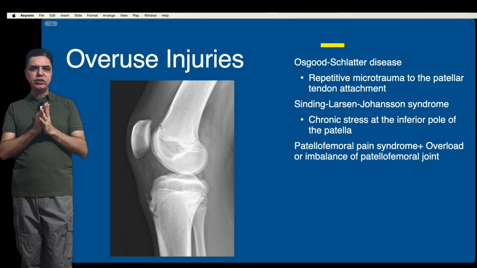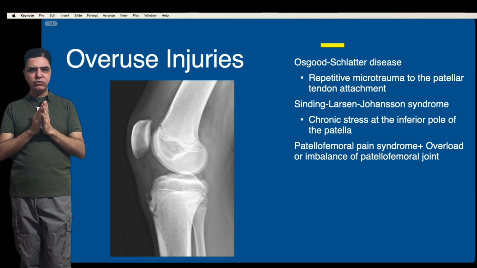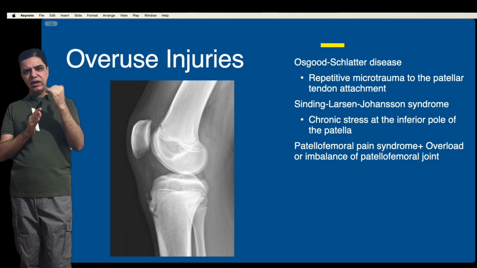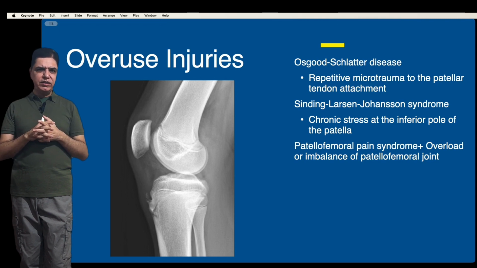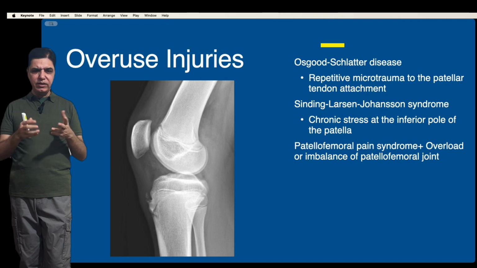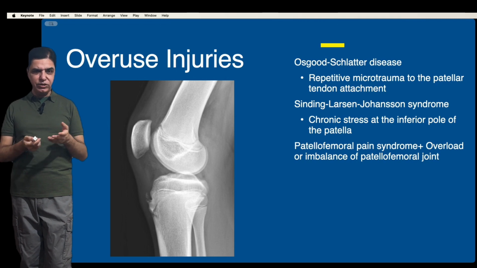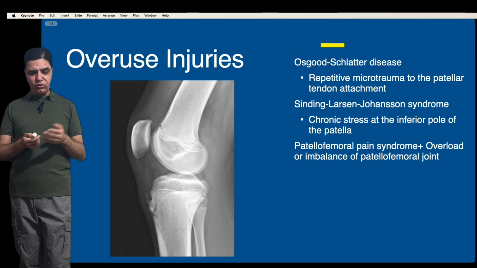If that is the condition, we call it Sinding-Larsen-Johansson syndrome. It is the same sort of traction epiphysitis, but this time it is occurring at the inferior pole of the patella, unlike Osgood-Schlatter disease, in which it is occurring at the tibial tuberosity. They are all traction epiphysitis, and they are treated conservatively by rest and painkillers, and sometimes by changing activity and maybe stopping sports altogether.